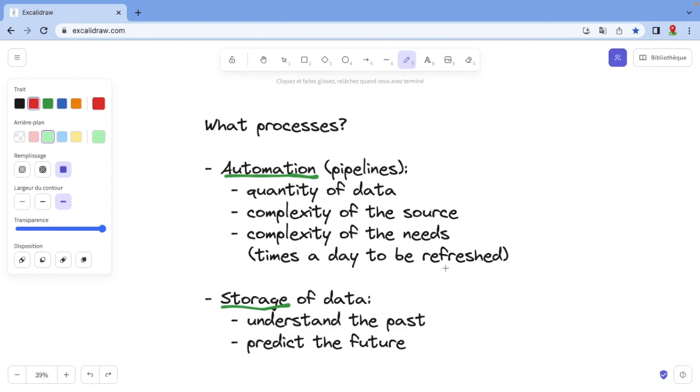We talked about also aggregating data. And there are many more scenarios that could create complexity. And also we have the storage of data to understand the past and to predict the future. We have here to illustrate the dashboards and machine learning.